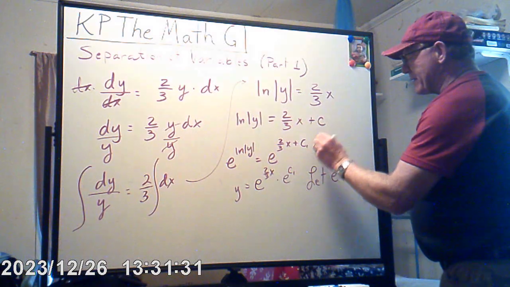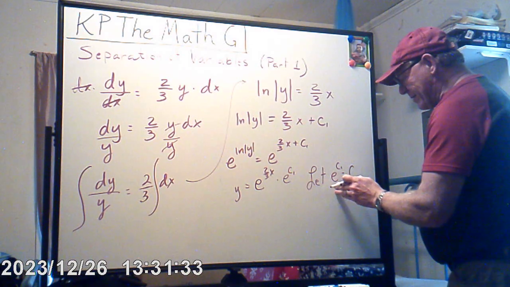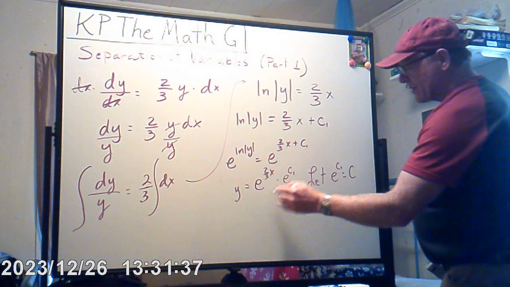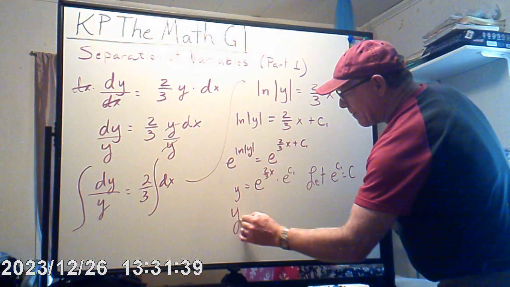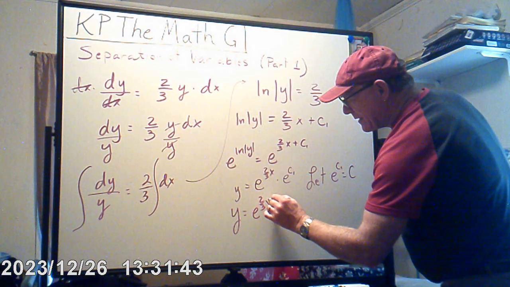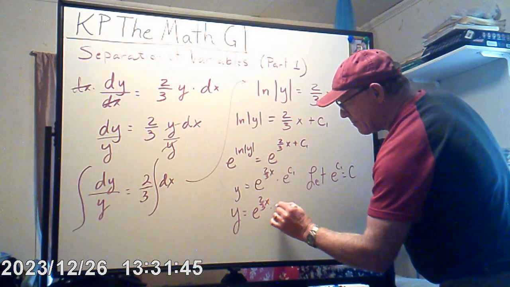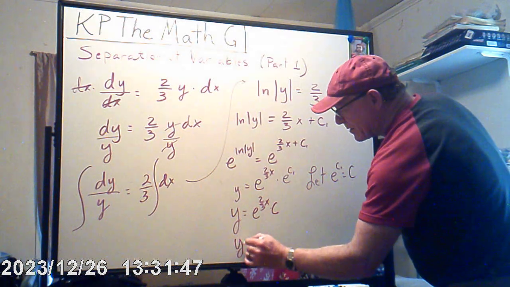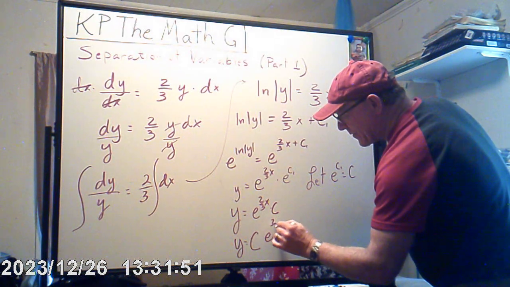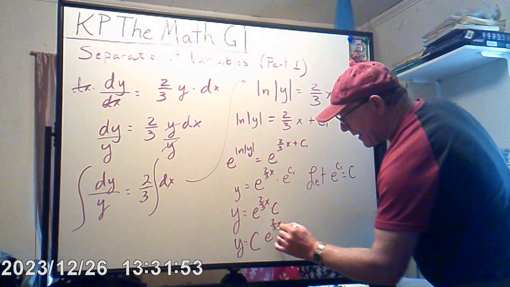If you want to make that c1 throughout, you can, but e to the c1 is just c. So y is equal to e to the 2/3 x times c, or we usually put c in front, c e to the 2/3 x.